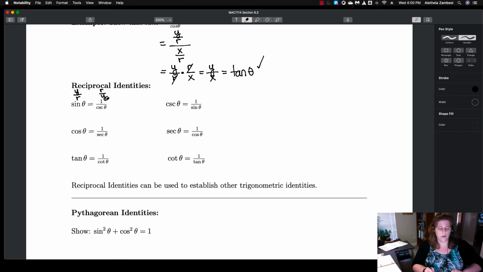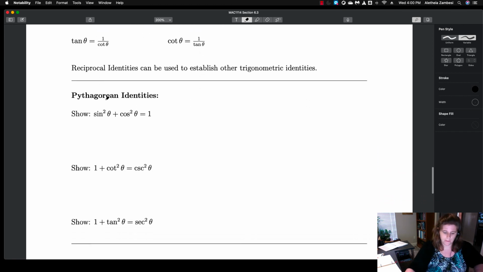So 1 over cosecant of theta. Cosine of theta is 1 over secant of theta. Tangent of theta is 1 over cotangent of theta, and the reverses are also true. Now we can use these identities to establish some more identities in the future. So in a few sections we'll get into establishment of trigonometric identities, and you'll see more of these.